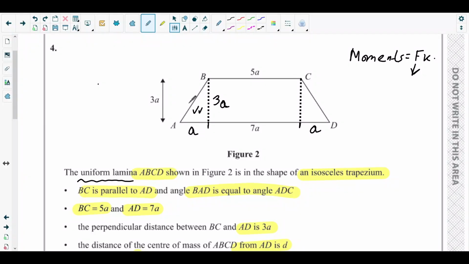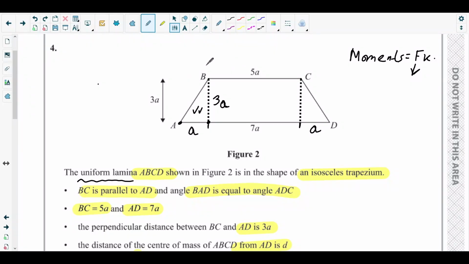In this case we are considering only the vertical direction, that means the y values. The y value of point A is 0, the y value of this other point is 0, but the y value of this point B is 3a.